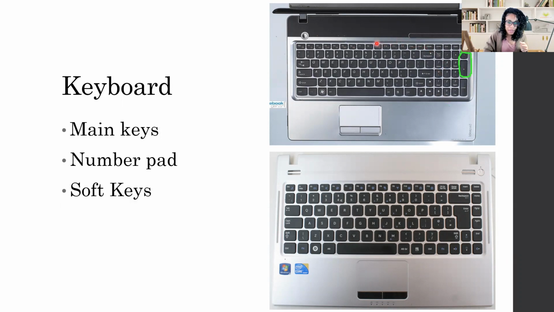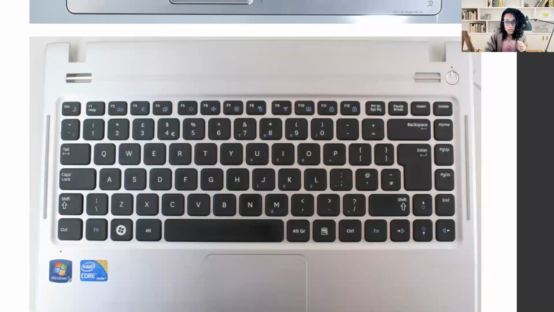And then you'll also have soft keys or function keys up at the top here. So let's zoom in a little bit. You'll see in this top row a line of keys that have F1, 2, 3, all the way up to 12.